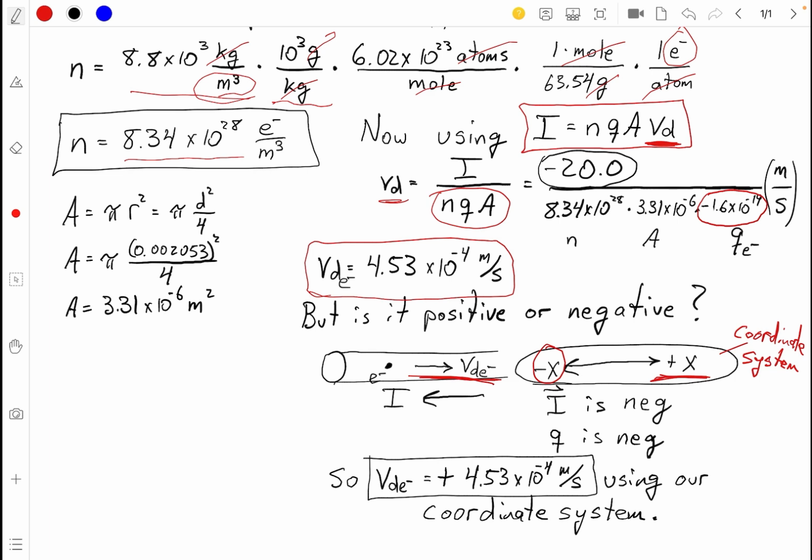Now, the one thing I didn't talk about is our area. And why is our area the way that it is? Well, area is equal to pi r squared. We already talked about above that there's some millimeters, 2.053 millimeters is our diameter.